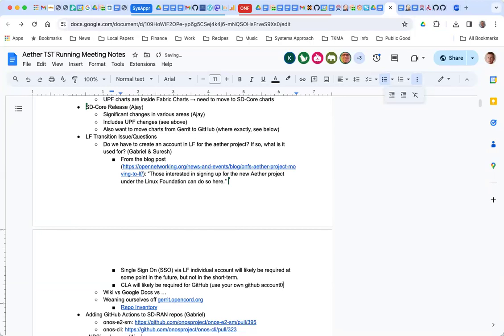So that CLA is being worked on. There will be some transition where you have to sign the LF CLA and we'll migrate off of the ONF CLA. But I think in the short term, we're trying to do this in a way that there's a plenty long grace period to do that.